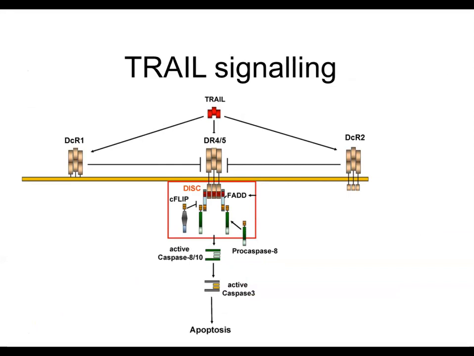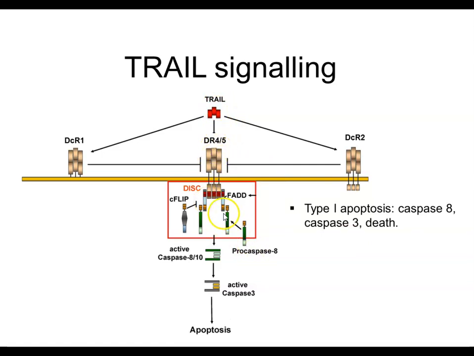So this diagram shows how TRAIL binds. It can bind to either death receptor 4 and 5, which is TRAIL receptor 1 and 2, or it can bind to these decoy receptors, decoy receptor 1 and decoy receptor 2. The most straightforward signaling pathway for apoptosis is TRAIL binds death receptor.